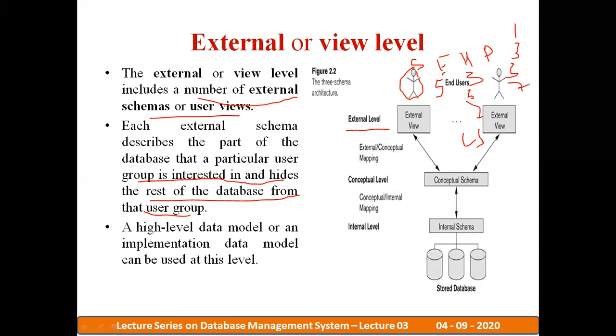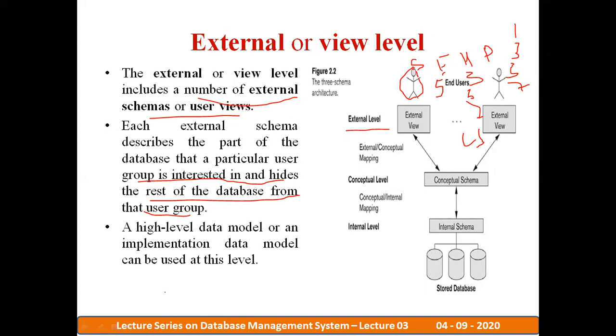For the external level, you can use either the high level data model or the implementation data model. That means for the external level and the conceptual level, you can use the high level data model, and for the internal level, you should use the low level data model.